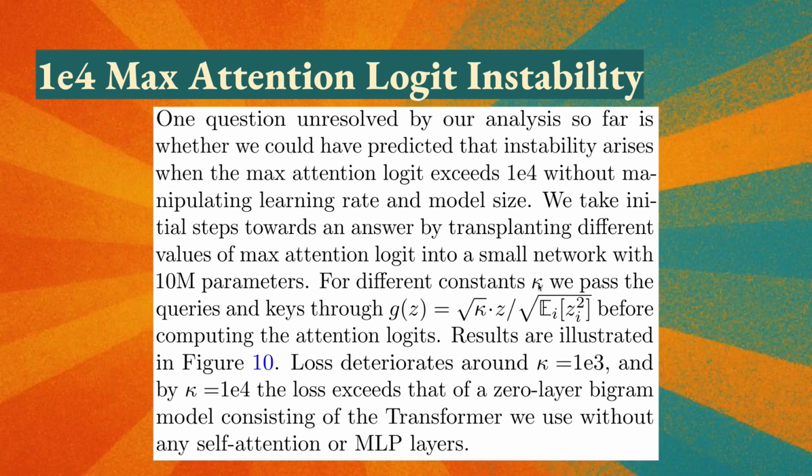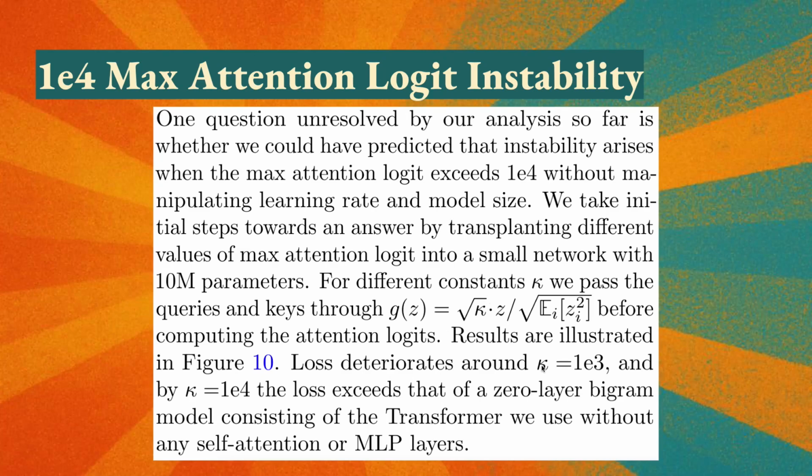For different constants kappa, we pass the queries and keys through this function, which normalizes the query or key input and then sets the RMS to square root of kappa before they compute the attention logits. Because q and k get multiplied by each other, you're going to have square root of kappa times square root of kappa, so you're forcing the attention logit values.